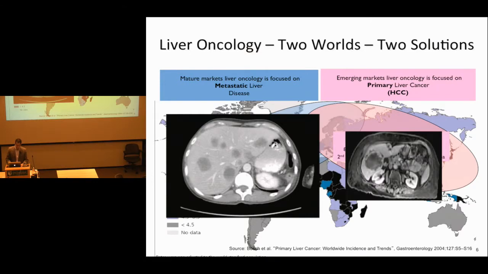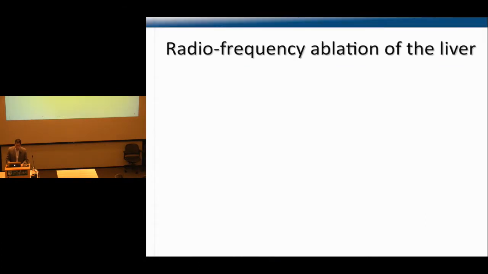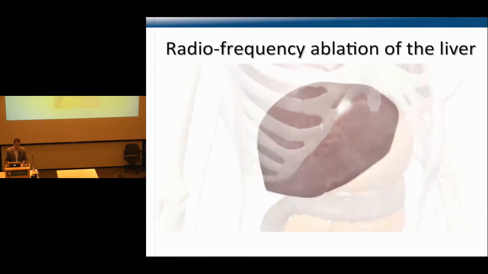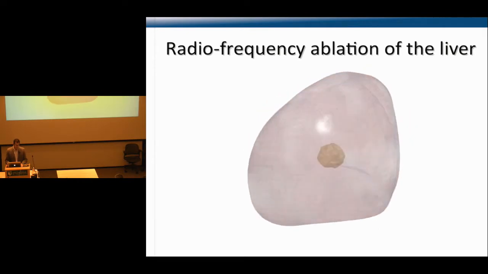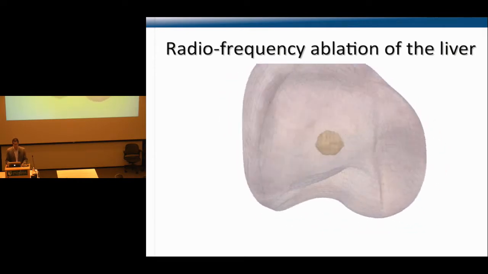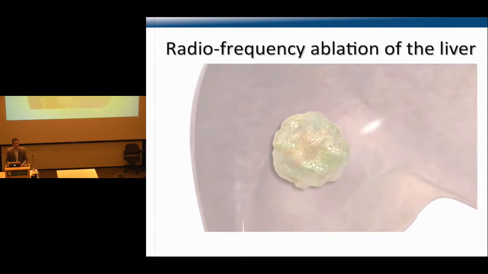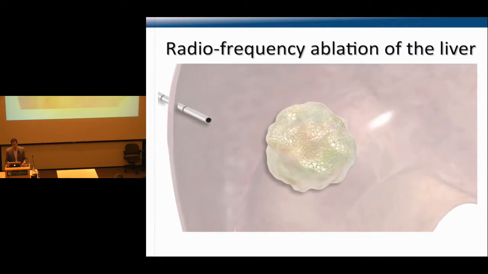So one therapeutic solution to treat this, or to eliminate metastases, consists of radiofrequency ablation in the liver. This therapeutic procedure consists of guiding a radiofrequency needle through the intercostal ribs to a tumor inside the liver.